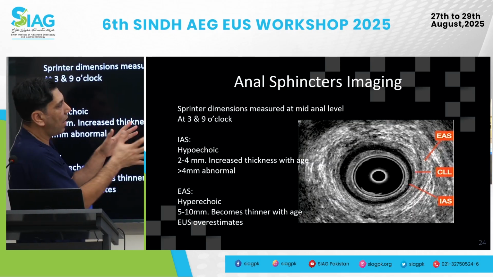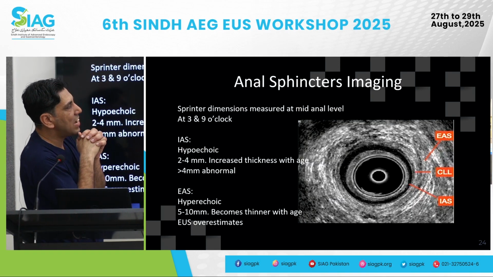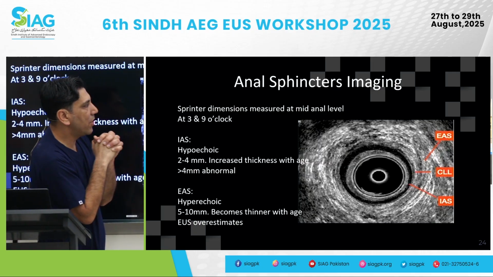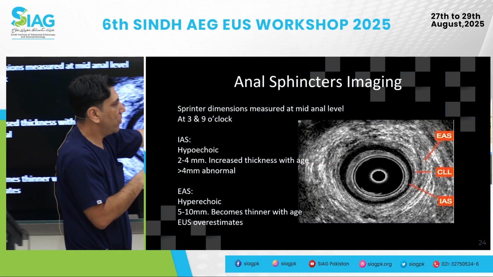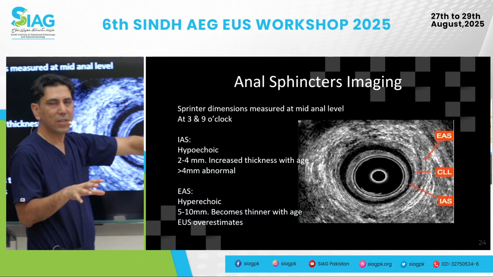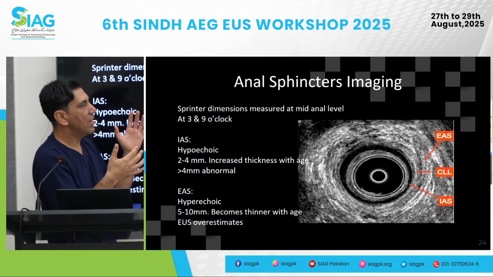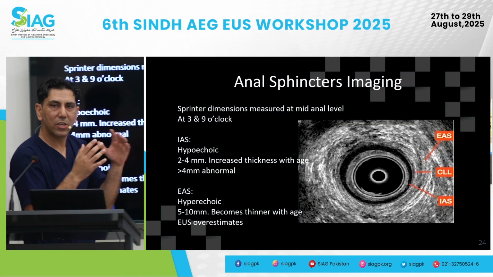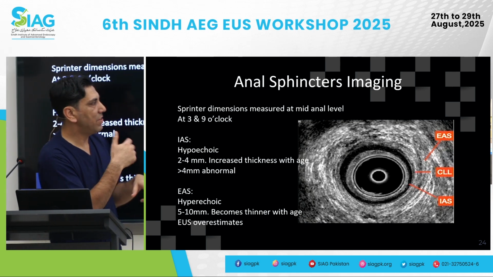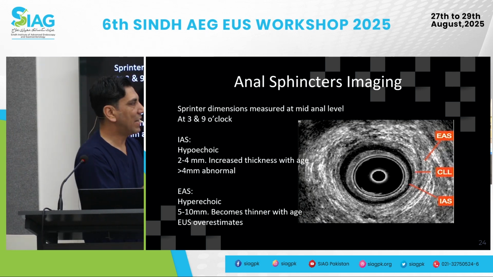But I think this is a slide which I feel is quite helpful and useful, because you have to see what age patient I'm scanning. Is it a younger patient? Is it an older patient? Internal anal sphincter does appear hypoechoic, but with increasing age, it may get more thickened.